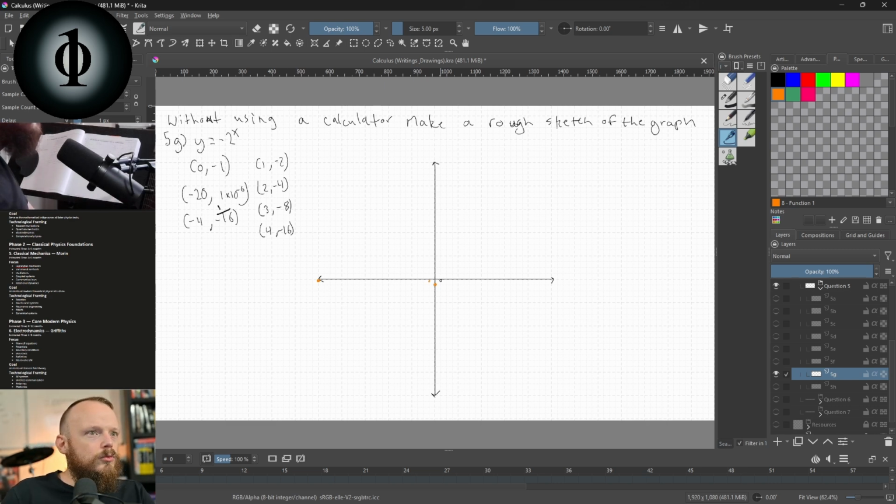Okay, so when x is 1, y is negative 2. When x is 2, y is negative 4. When x is 3, y is negative 8. X is 4, y is negative 16.